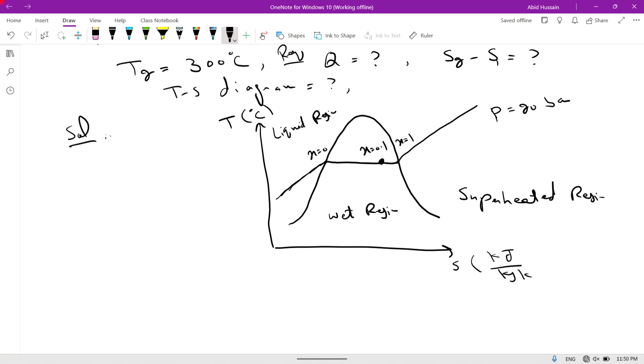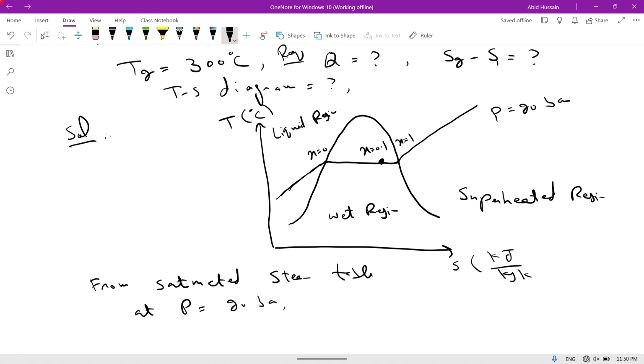First we find the saturated temperature in this region. From this point to this point the temperature is constant, and this temperature is called the saturated temperature. First we find the saturated temperature from the saturated steam table at pressure equal to 20 bar.